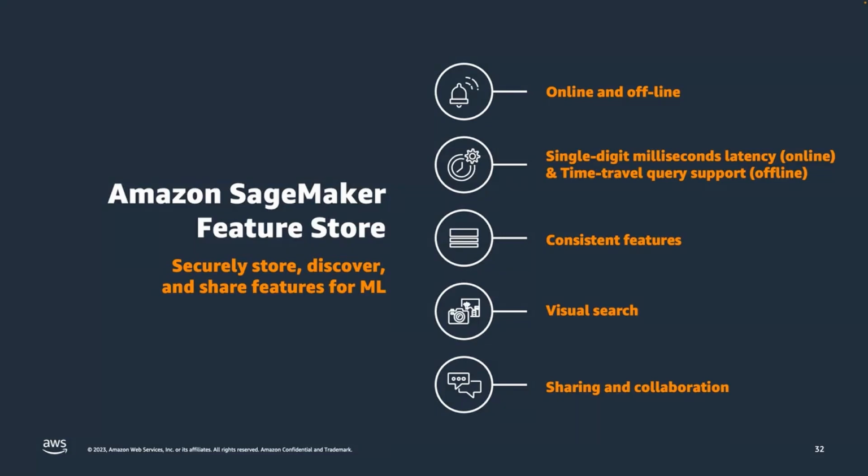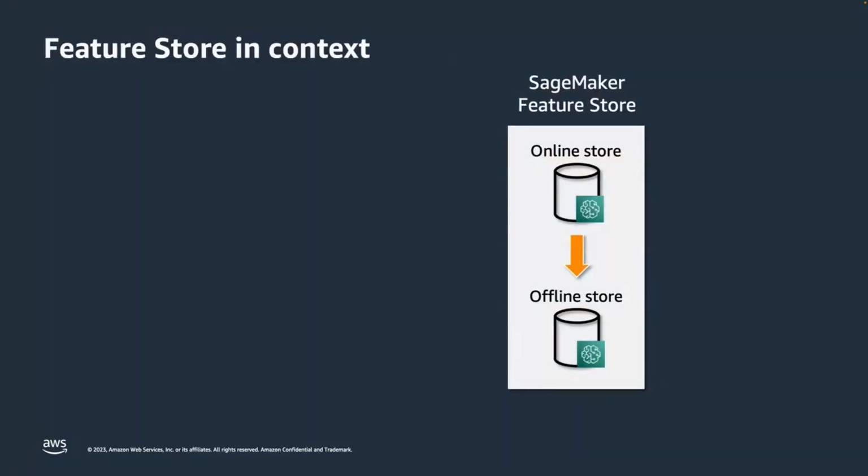So there are two aspects to Feature Store. There is the offline store. The offline store typically serves data for training. It serves data in batches. And then there's the online store. The online store keeps a small amount of data. Think of it as a cache. And it can obtain those data from the offline store.